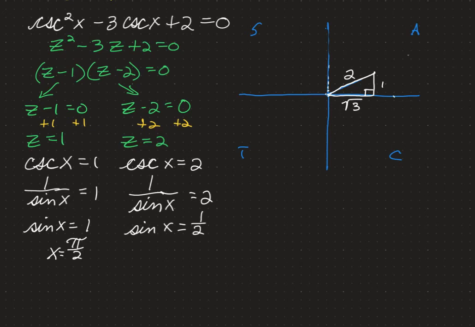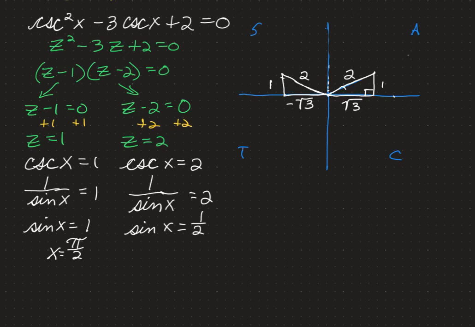That's what it would look like in the first quadrant. In the second quadrant, where sine is also positive, it would look like this, kind of. So we have a positive 1 over a positive 2. Okay, that's good. And just to mention it, the x value here would be the negative square root of 3.